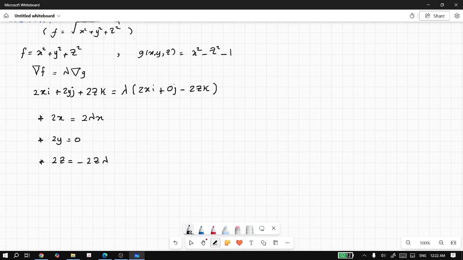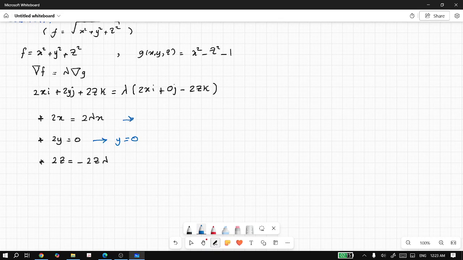Here, from the second equation, we get that y is equal to 0 directly. So we directly found the value of one of the coordinates.